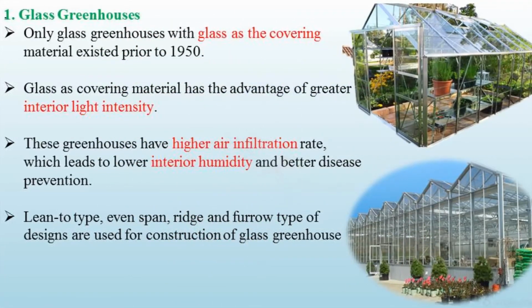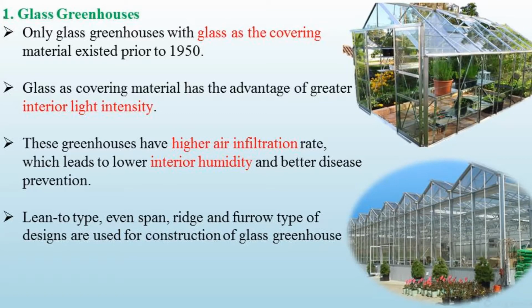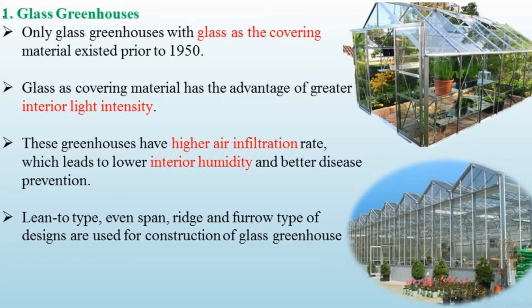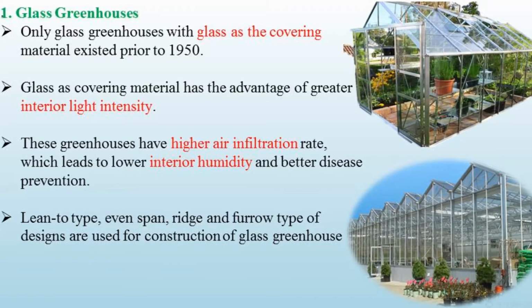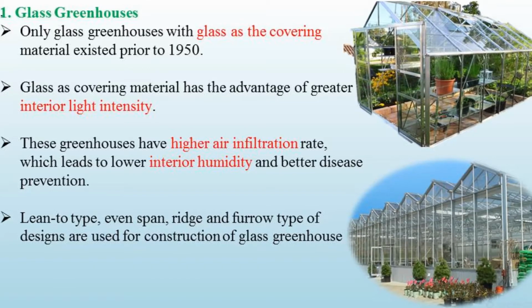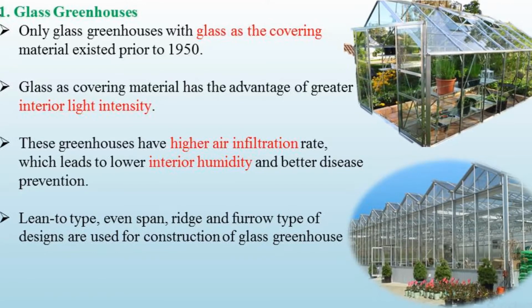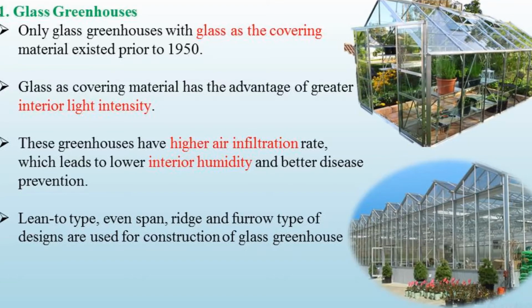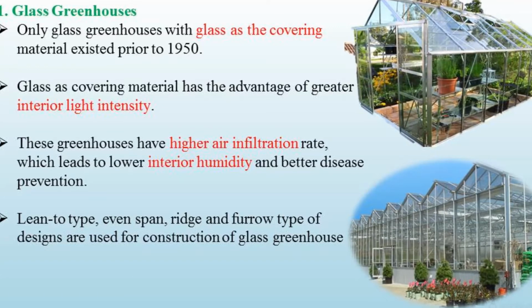According to covering material, first we will discuss glass greenhouse. As its name indicates, glass is used as a covering material for this type of structure, so it is called a glass house. This is the first and oldest covering material among all types of greenhouse structures.